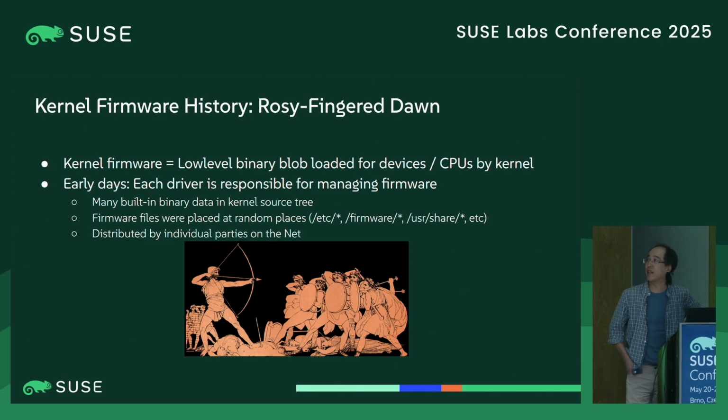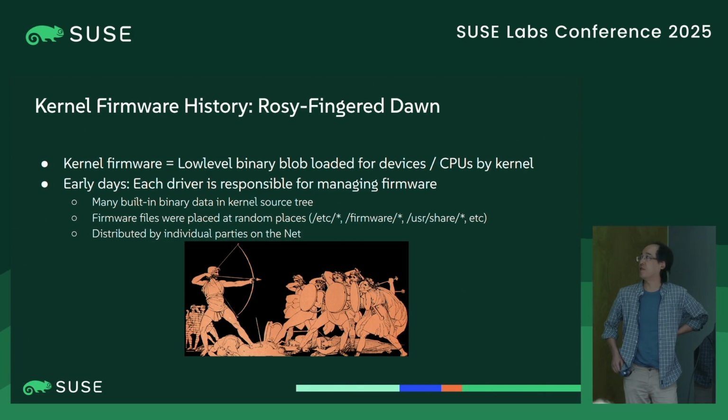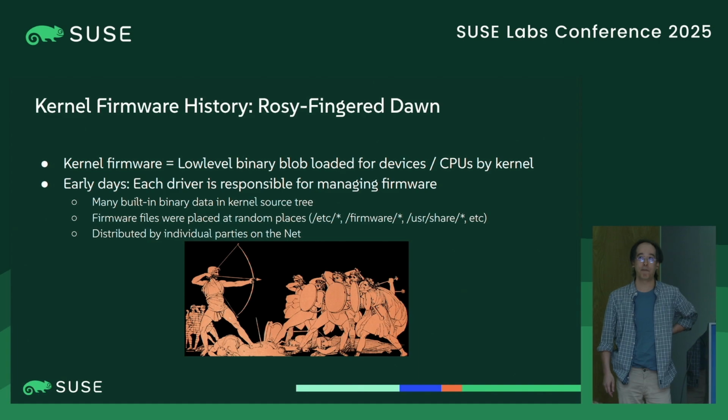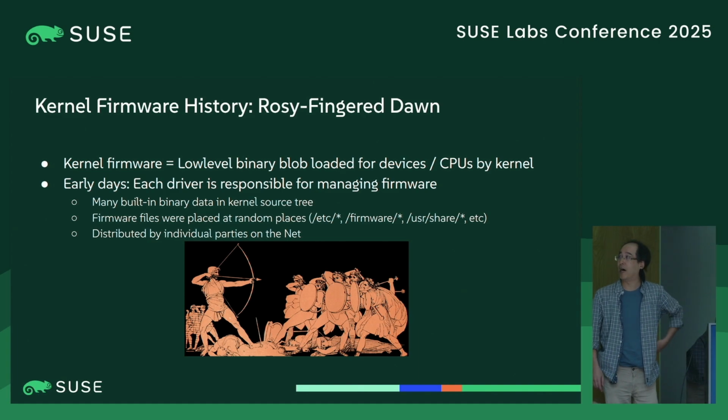The kernel firmware is basically, by definition, the low-level binary blob that is loaded to the device or CPUs by the kernel. Due to its nature, it has always been present with kernel development. In the early days of the kernel, there was no standard at all. So every driver was responsible for loading and managing the kernel firmware.